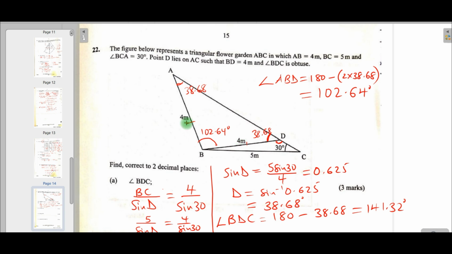So we have two sides and an included angle, so we are going to use the cosine rule.